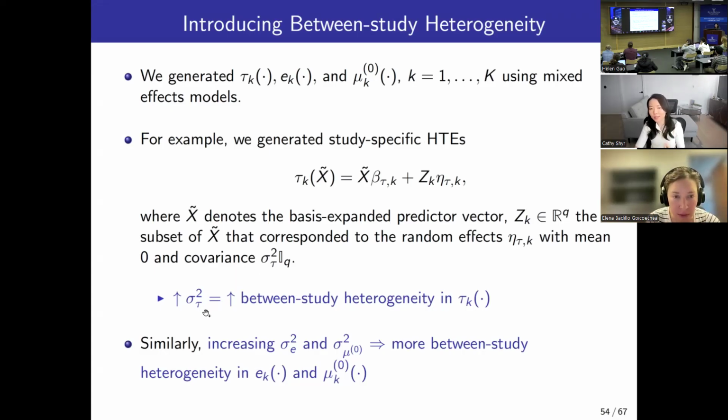The sigma squared tau is a parameter that controls the level of between study heterogeneity. So higher levels correspond to more between study heterogeneity in the tau k's. Similarly, we also have 2 additional parameters, sigma squared E and sigma squared mu 0, and increasing those will correspond to more between study heterogeneity in the propensity scores and the baseline risks.